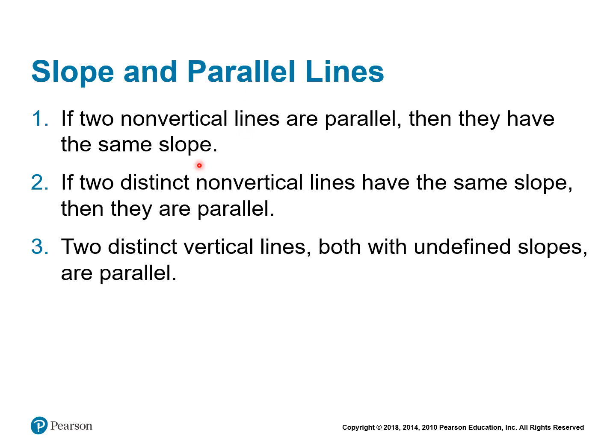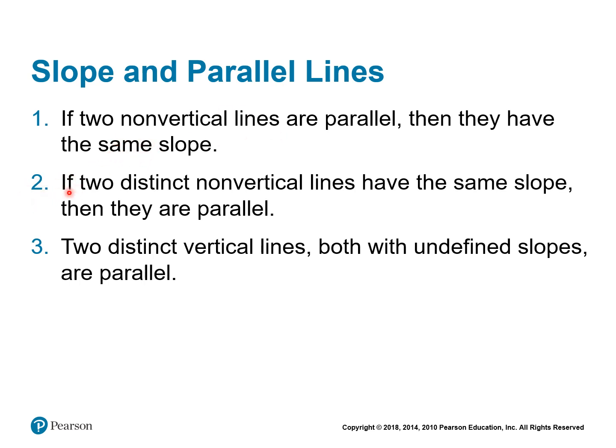So if we have two lines and we are told that they are parallel, then whatever the slope of the first line is, any other line parallel to that line, whether it's another line or 3 or 4 or 5 or 100 lines, as long as they are all parallel to each other, they will have the same slope. Okay, so slopes of parallel lines are equal, are the same.